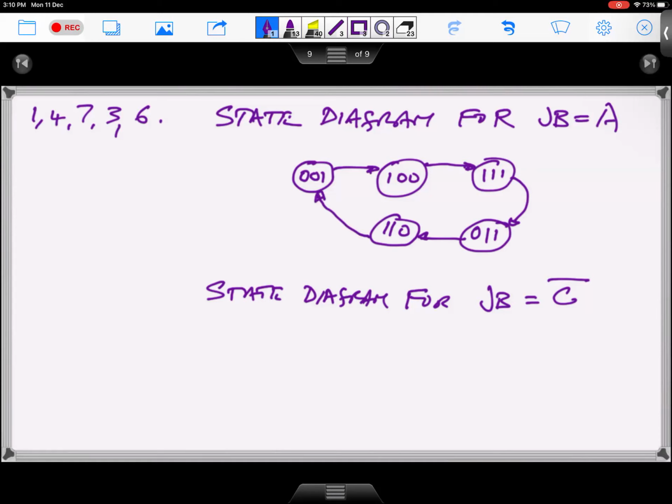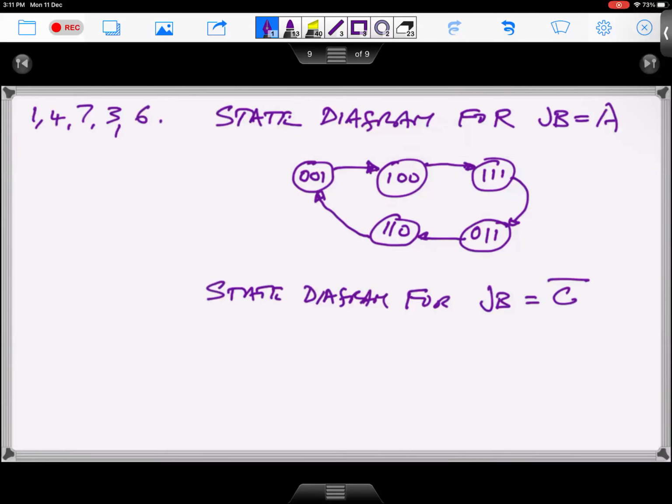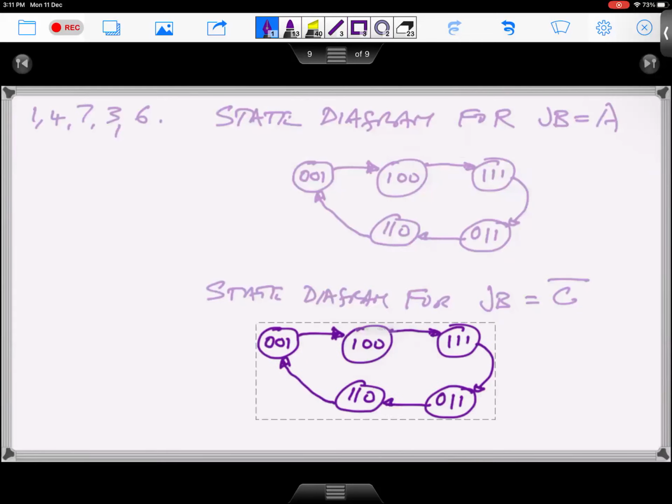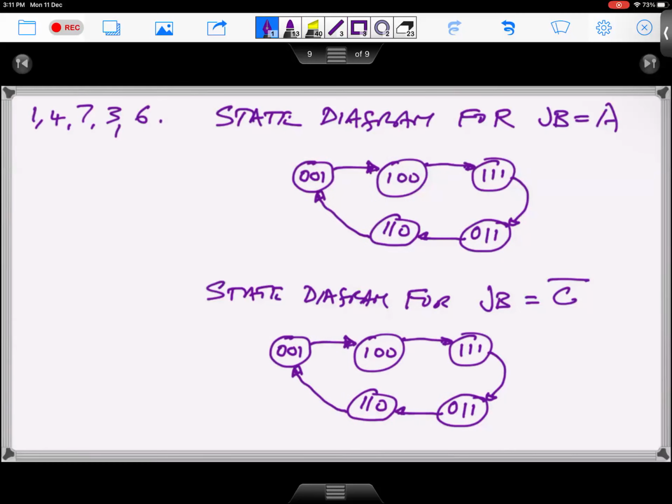Right? One goes to 4, 4 goes to 7, 7 goes to 3, 3 goes to 6, and 6 goes back to 1. So that's going to be the same. That has nothing to do with it. That's going to be the same for both. The issue is only what about the unused states.